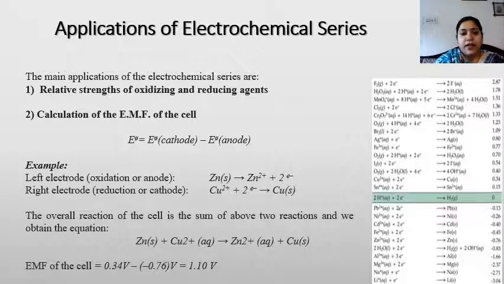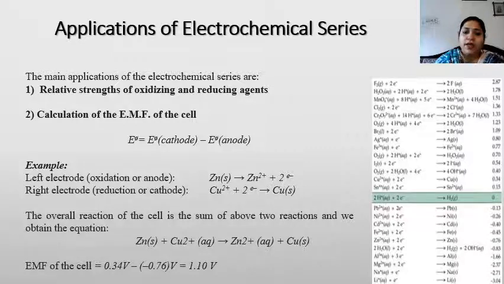And next is calculation of the EMF of the cell. Means how we can determine the electromotive force of the cell. The formula used to calculate the EMF of the cell is E naught cell equals E naught cathode minus E naught anode. Means the electrode potential of the cathode minus the electrode potential of the anode.